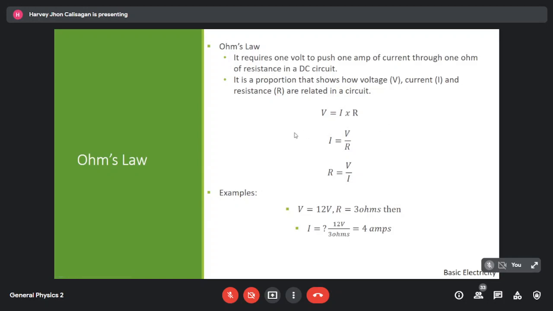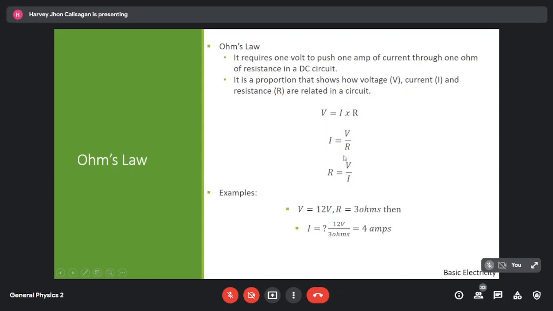Actually, we have here different formulas to calculate different portions of the circuit. To calculate the voltage, we have V is equal to the current times the resistance. If we are looking for the current, we have to do some derivation. So by deriving, we get the current by just dividing both sides by R or resistance. So we have current or I is equal to the voltage divided by the resistance.